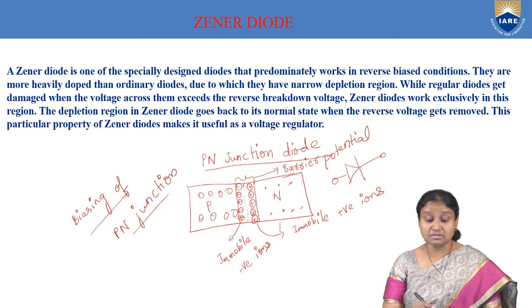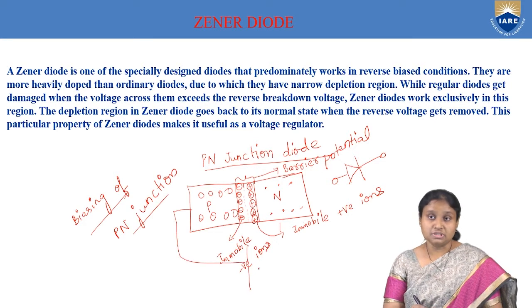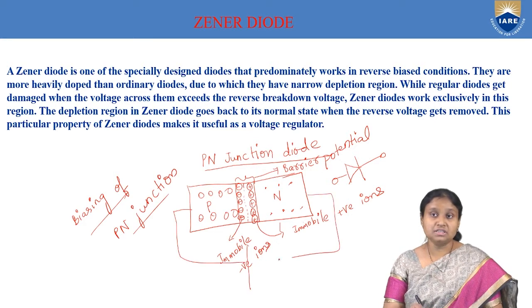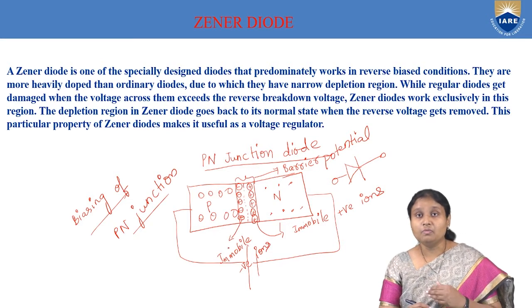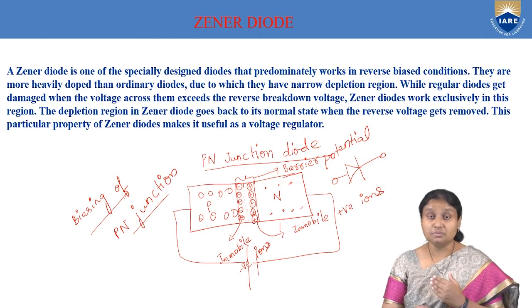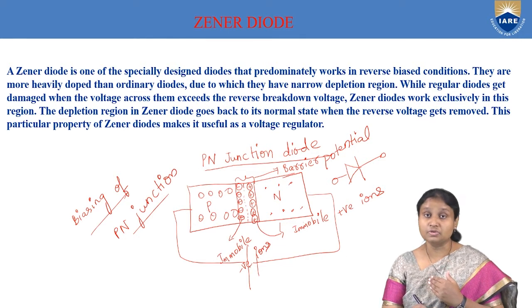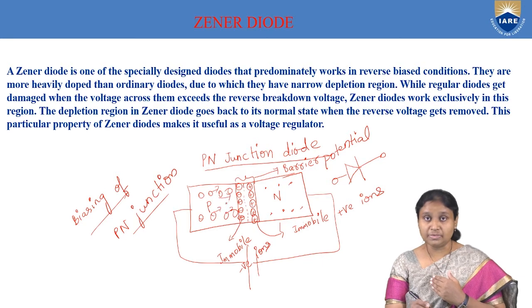What is forward biasing? The P type of the PN junction is connected to the positive terminal, and the N type is connected to the negative terminal. Once we forward bias the PN junction, the width of the depletion layer decreases, because holes get repelled by the positive terminal of the battery and start moving towards the depletion layer.